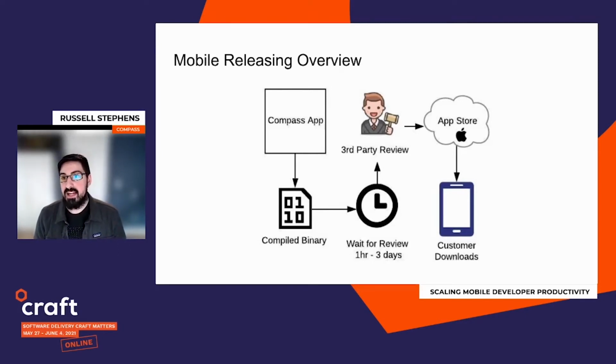So it's not as simple as deploying one web page or one backend service to wherever it would live in the cloud. This whole thing needs to compile and it all needs to go out together. So however many teams you have, all of them need to decide that that mobile version is ready to ship.